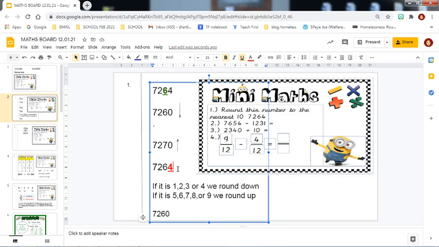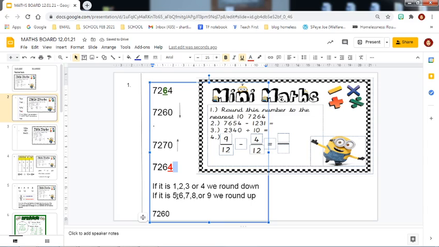In order to decide whether this needs to be rounded up or down, we need to look at the digit that's in the ones column. And here we can see it's a 4. And we know that if this digit is a 1, 2, 3 or 4, we round the number down, so it remains 6 tens.